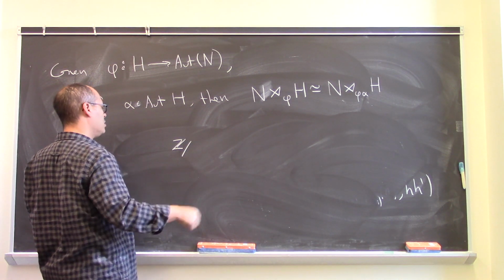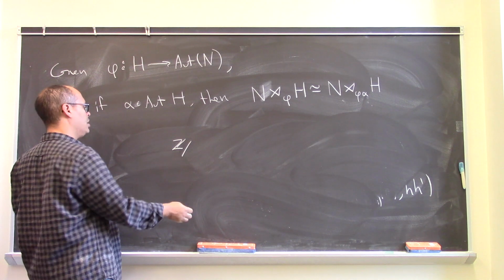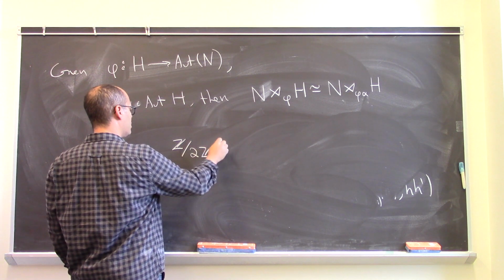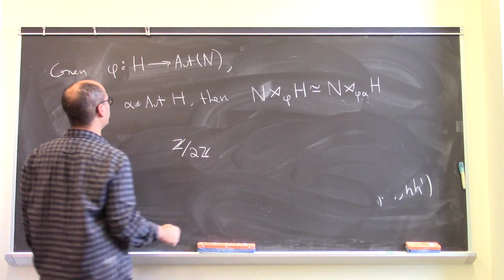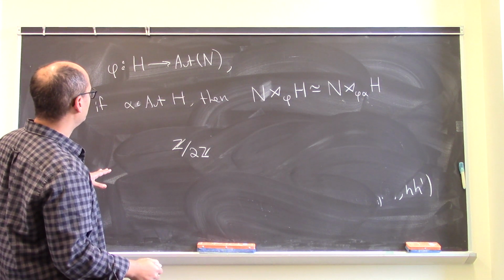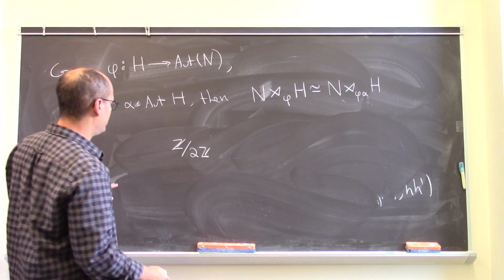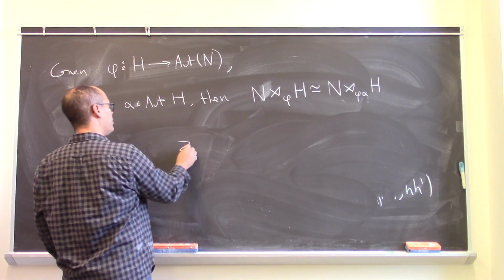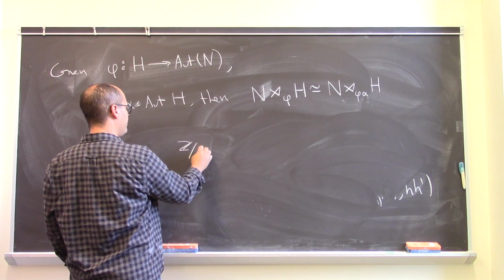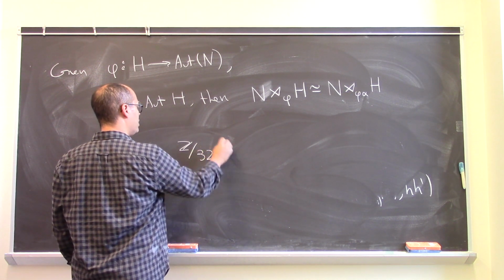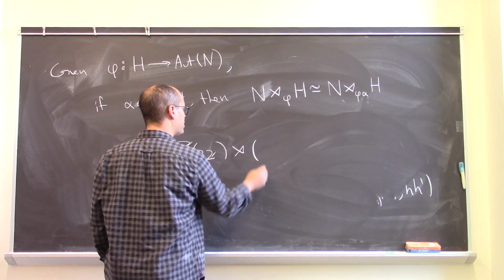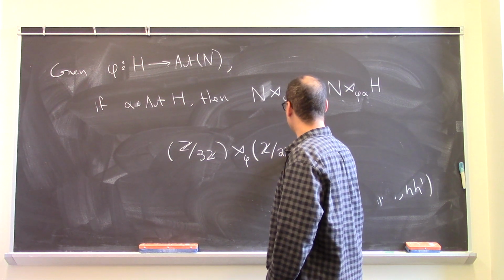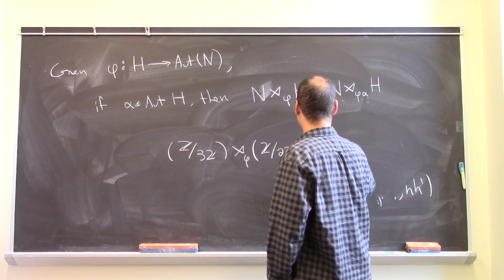How about Z mod 3Z semidirect product, with some phi, Z mod 2Z cross Z mod 2Z. And let's take a look at this for example.